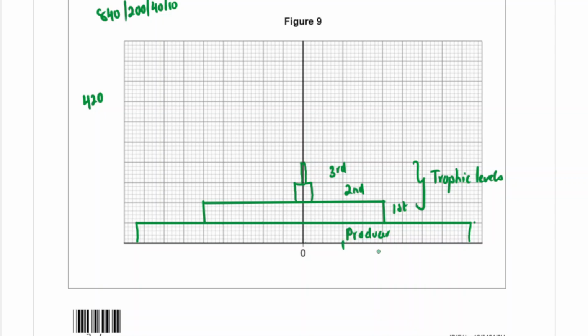So that's 100, 200, 300, 400 and 450. It goes in hundreds. You don't have to put negative values here. So 100, 200, 300, 400, 450 at the end.